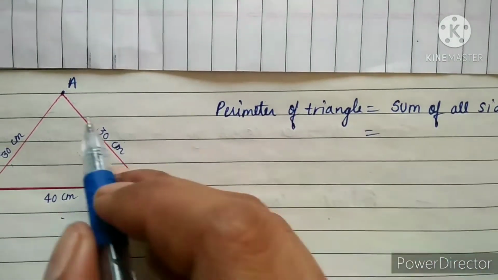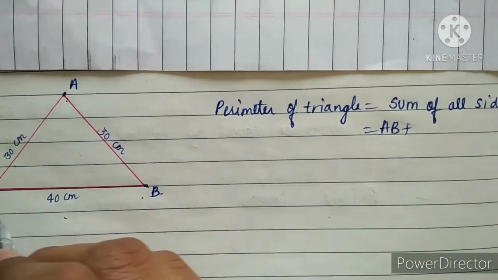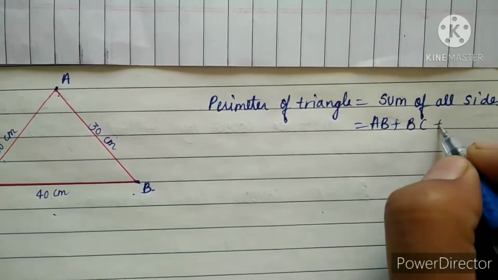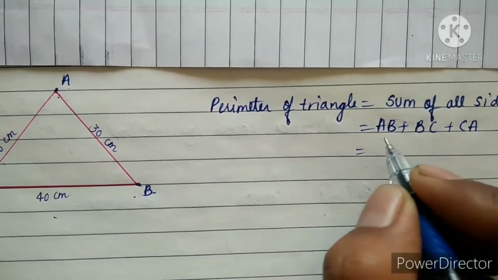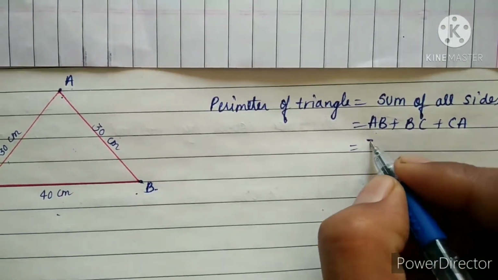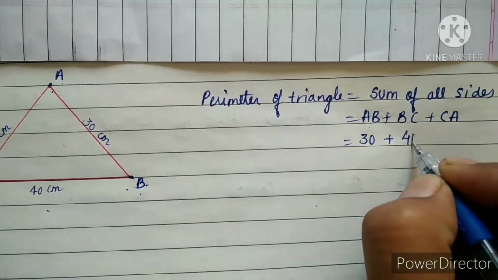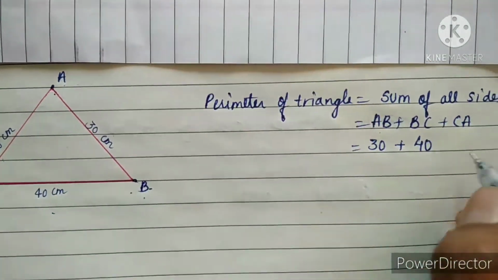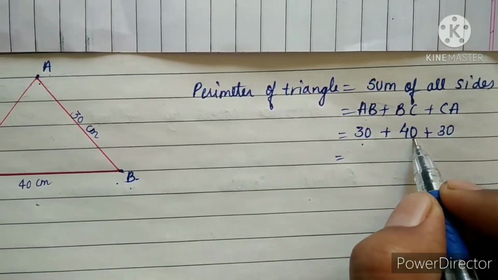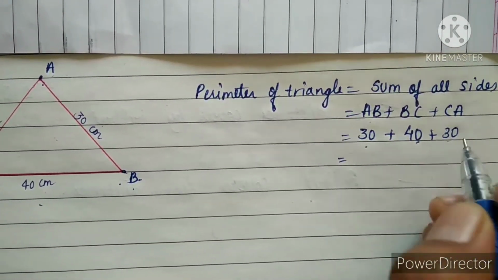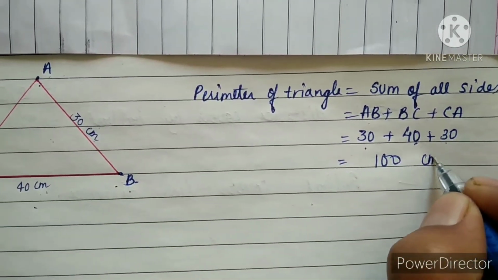The first side is AB, then the second side is BC and the last side is CA. The length of AB is 30, BC is 40 and CA is 30. So 30 plus 40 is 70, 70 plus 30 is 100 and the unit will be centimeter.